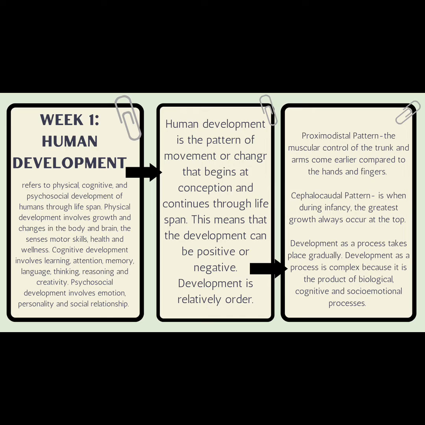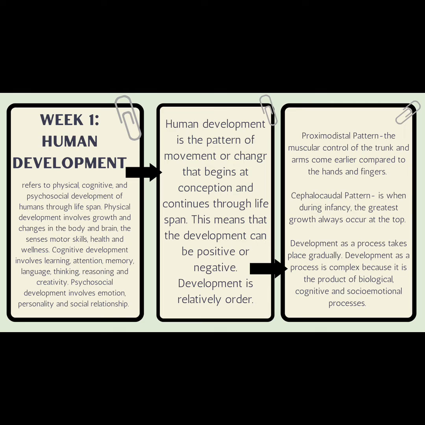Now, human development is the pattern of movement or change that begins at conception and continues through the lifespan. This means that development can be positive or negative. Development is relatively orderly. Now, proximodistal pattern is where you learn to sit, crawl, then walk before you can run.